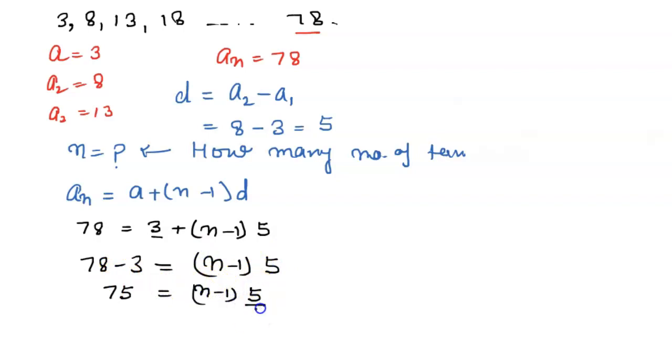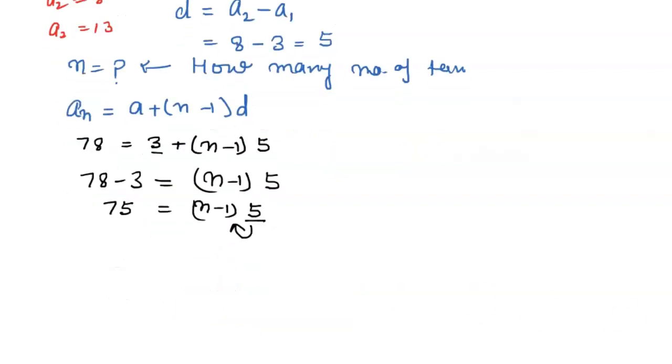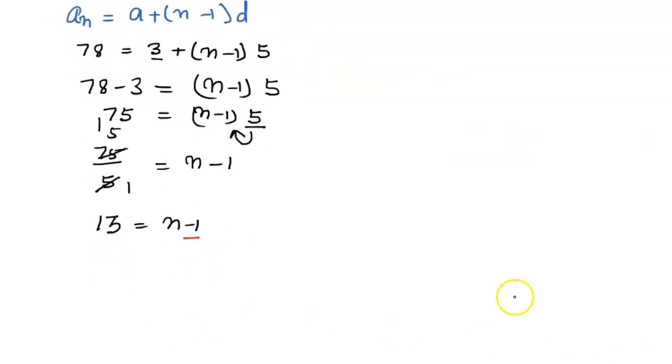Now you can see that 5 is multiplied with this bracket, so when it is shifted to the other side, it will divide. 5 ones are 5, 5 fives are 25, 75 divided by 5 is 15, equal to n minus 1. Now minus 1 is shifted to the other side, the sign will change. So 15 plus 1 is equal to n. Now n is equal to 16.